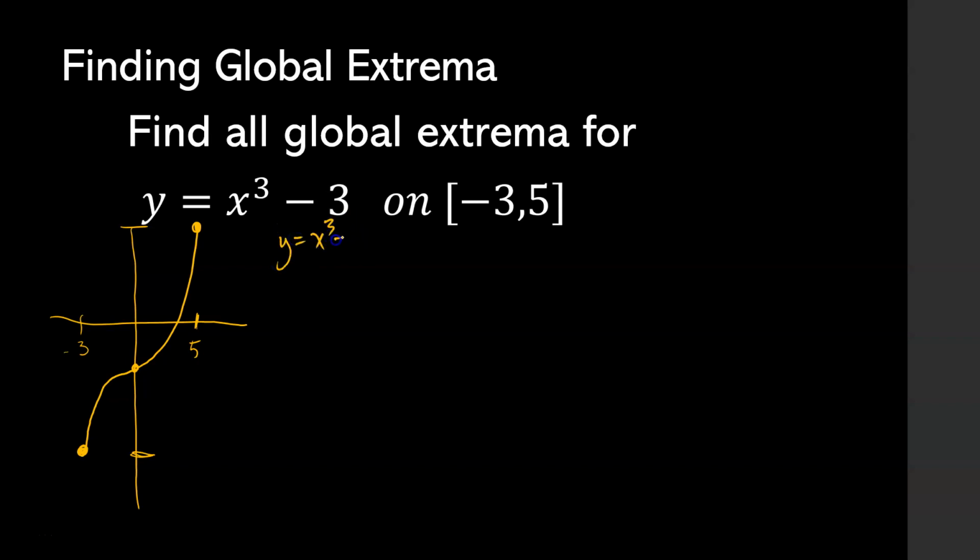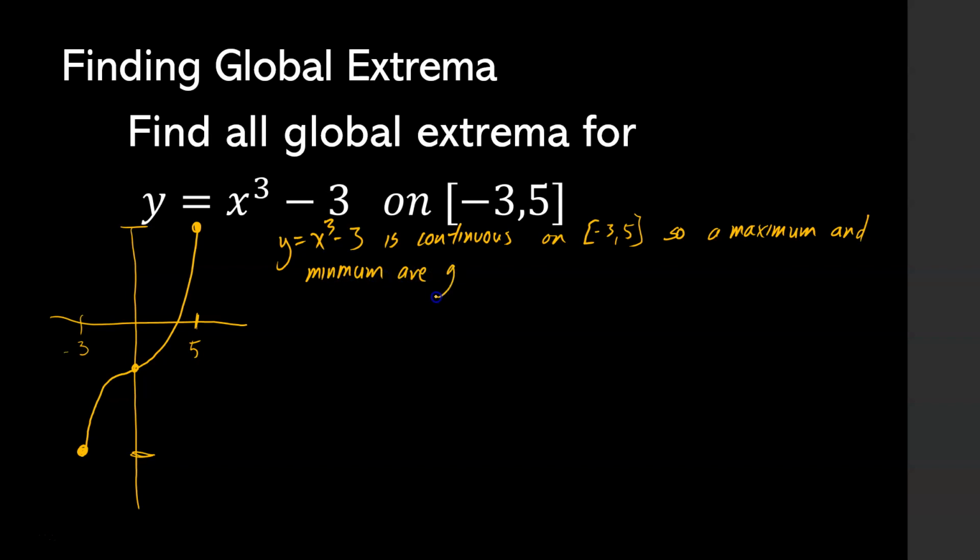y equals x cubed minus 3 is continuous on the closed interval negative 3 to 5. So a maximum and minimum are guaranteed. Okay, so we'll start taking derivatives.